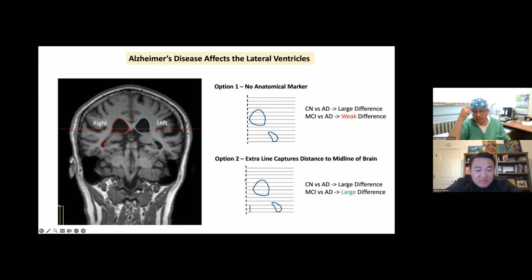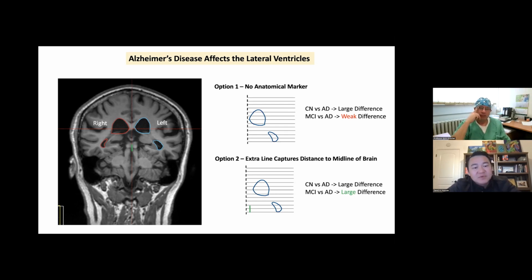That means the outline of the caverns are further from the dotted line now. And this simple step, objectively applied to every single patient, finally gave us the numbers that made sense of what we saw with our eyes. We finally found a large difference between MCI and Alzheimer's, just as we see visually.